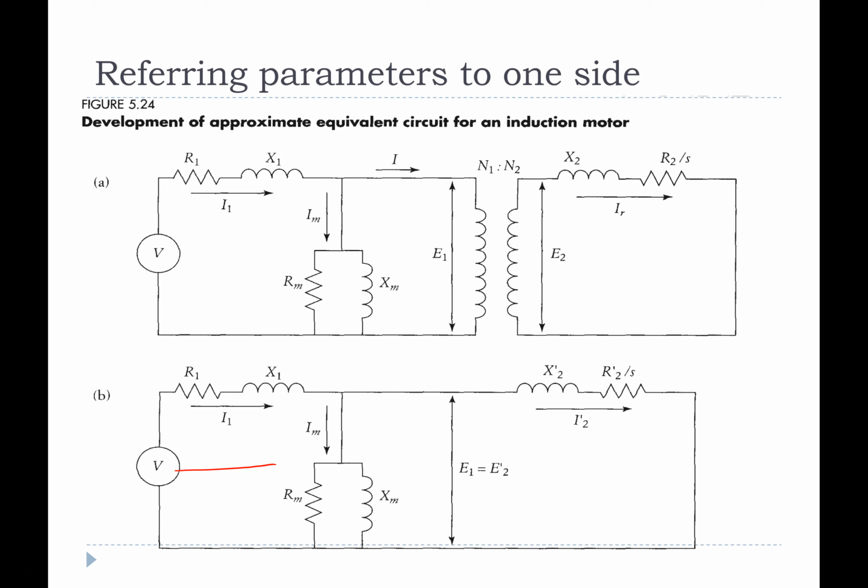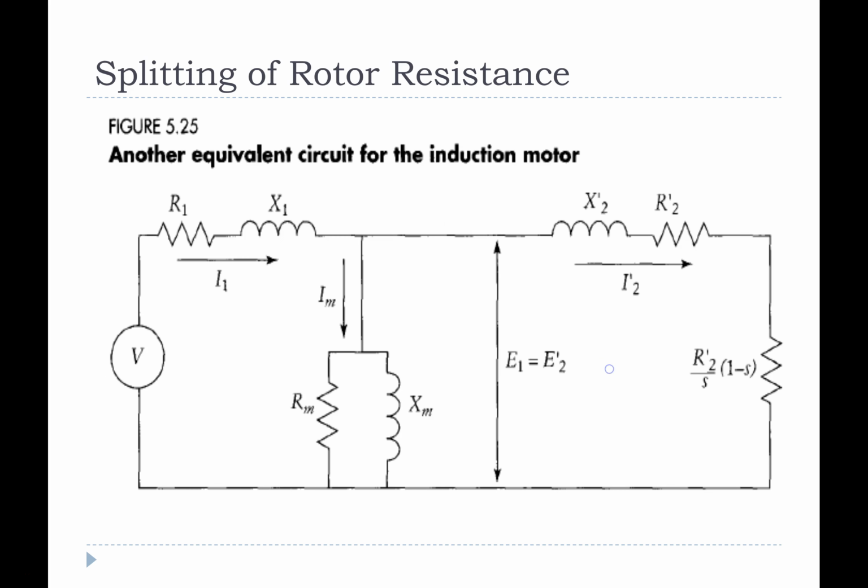In a squirrel cage motor, we never measure the actual parameters in the rotor. We always measure them referred to the stator. So we refer everything, which means you simply multiply by n1 squared on n2 squared to go to the primary side. What we end up with is, instead of x2, x2 prime, and instead of r2, r2 prime.